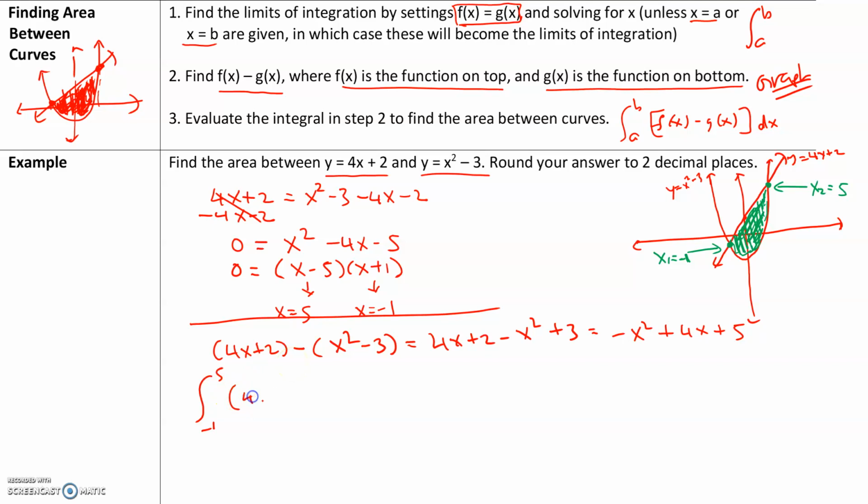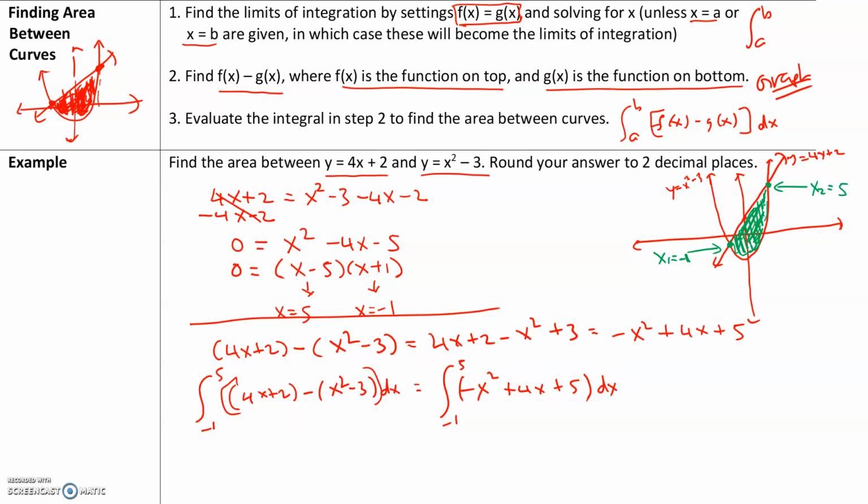I'll rewrite it just to be thorough: 4x plus 2 minus x squared minus 3. We always have a dx because we're integrating with respect to x. If we simplify this, it's the antiderivative from negative 1 to 5 of negative x squared plus 4x plus 5 dx.